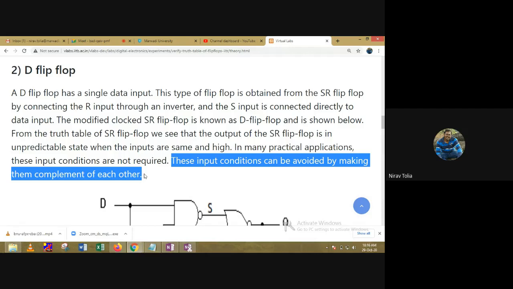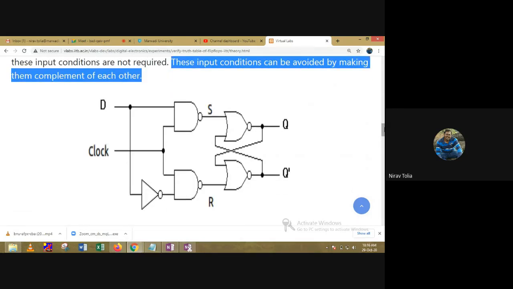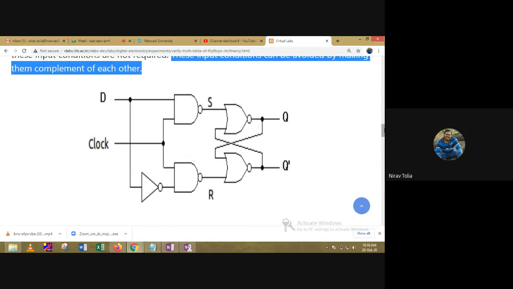So this is the D flip-flop. You can see the figure. From the figure, this is the D flip-flop.